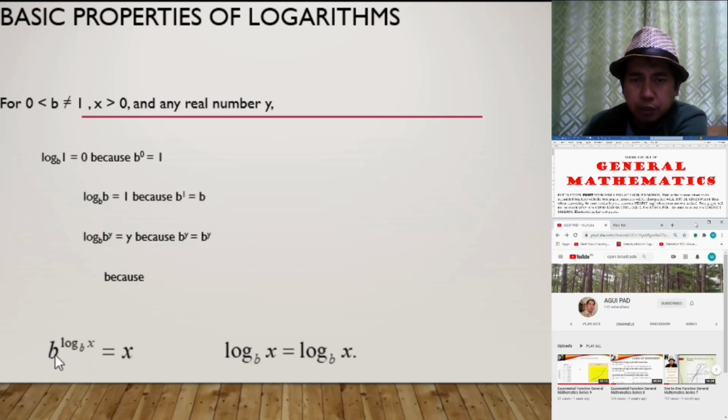Because your b in here will cancel out with the base b of the log of x, so what is left is x. Another one in here is log of x with the base b is equal to itself, log of x with the base b.